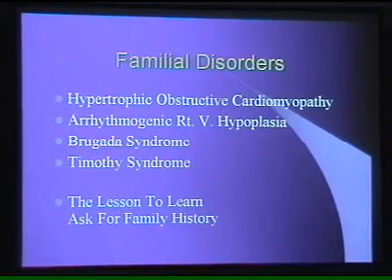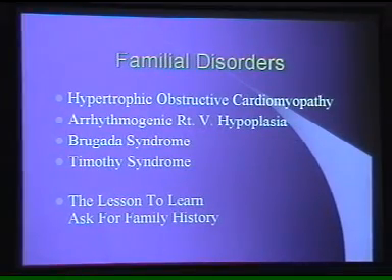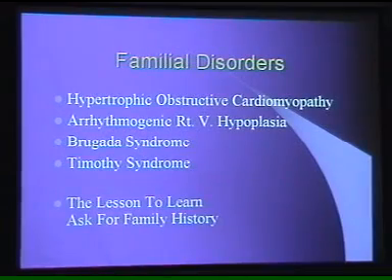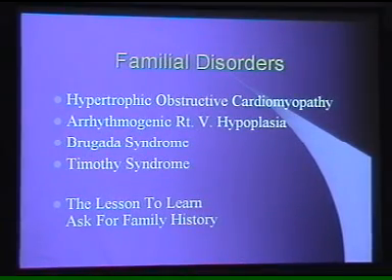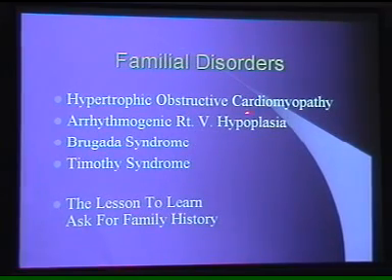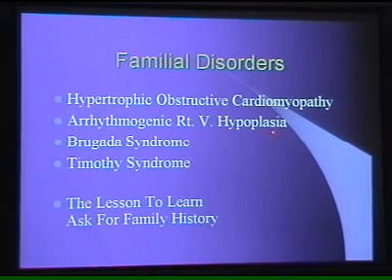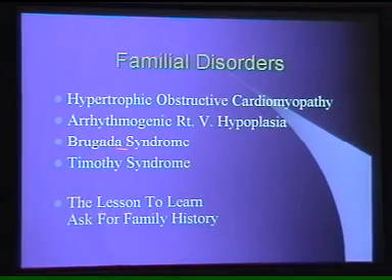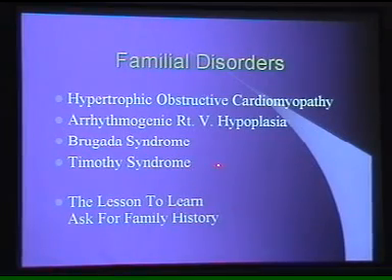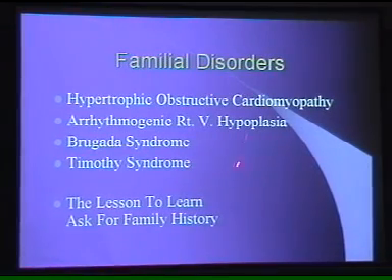Now, third category where ECG can be very useful in predicting the serious outcome and chances of preventing them are the various types of familial disorders, particularly hypertrophic obstructive cardiomyopathy, arrhythmogenic right ventricular hypoplasia, a condition called Brugada's Syndrome, and Timothy syndrome.